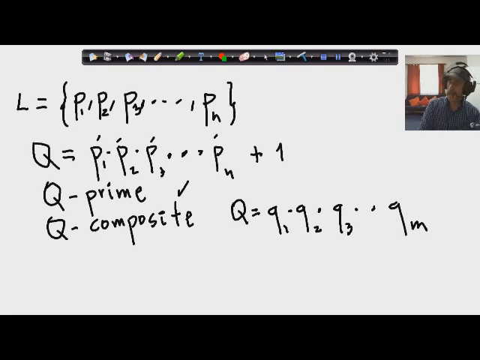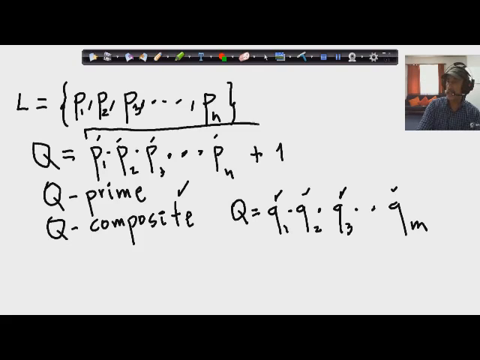Well, the fact is that every prime in the factorization of Q as a product of primes is also a divisor of Q. But no p in the list, no one of the primes in our original list, can be a divisor of Q because of this construction.